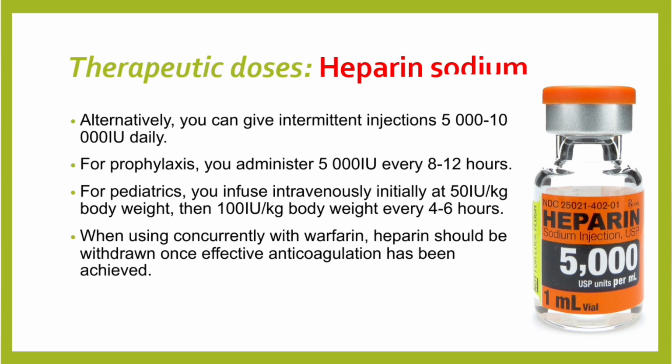Sometimes it's used together with warfarin, which we're going to talk about next, because warfarin doesn't act immediately. So you give the patient both, and the moment you start to see the patient improving, you stop giving heparin. By that time warfarin will begin to kick in.